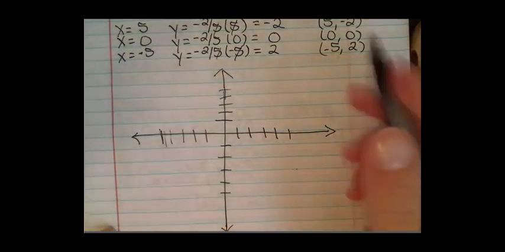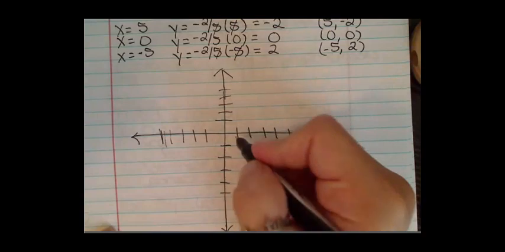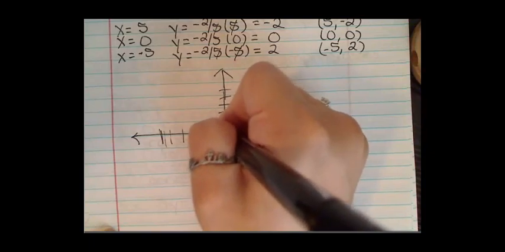So we have 5, negative 2, so we go 1, 2, 3, 4, 5, and then down 2. 0, 0 is right there in the middle, that's the origin. And then negative 5 and a positive 2 go to the left 5 and then up 2. And then we just connect our points.